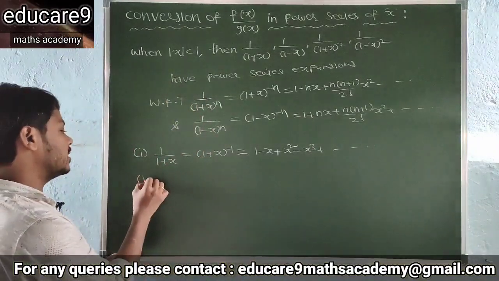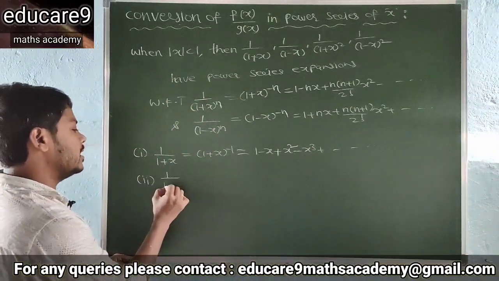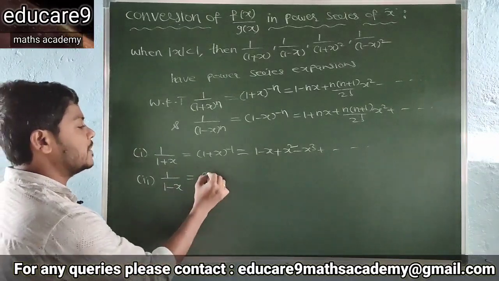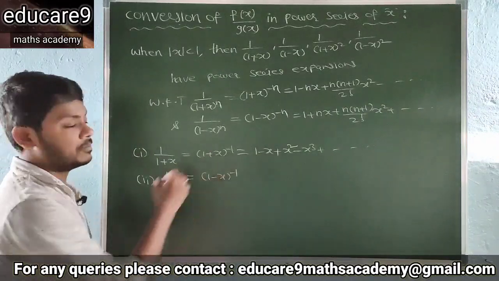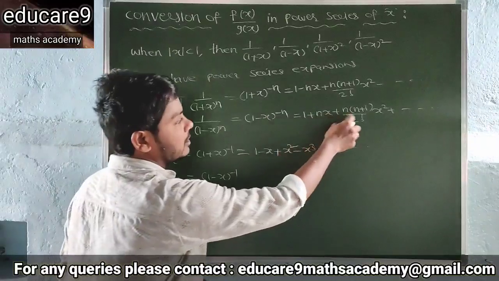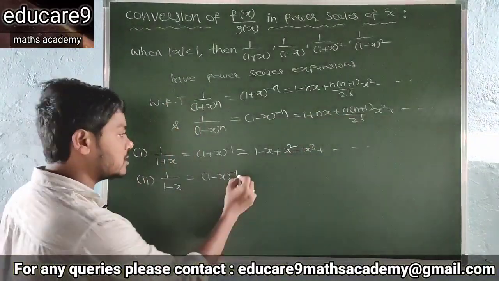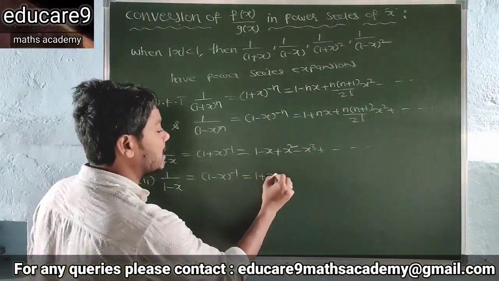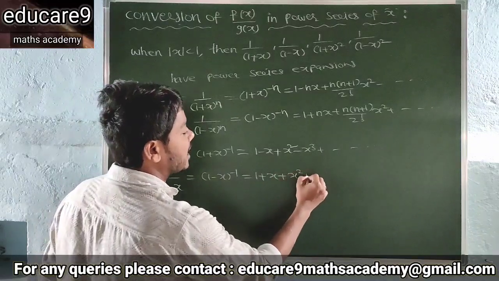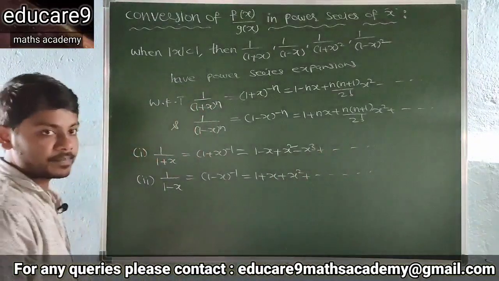The second one, 1 by 1 minus x, is 1 minus x whole to the power of minus 1. Clearly all are positive signs, so the expansion is 1 plus x plus x square and so on.